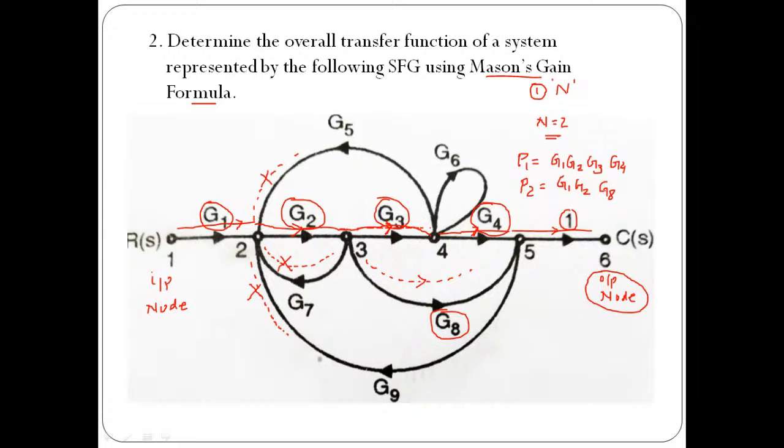I want everybody to please note down these points because they play an important role in determining the transfer function of the system using Mason's gain formula.